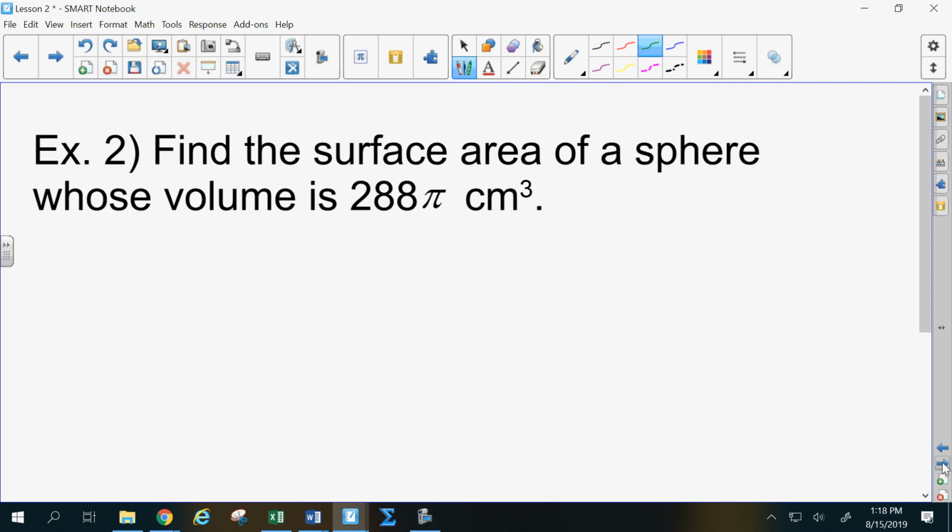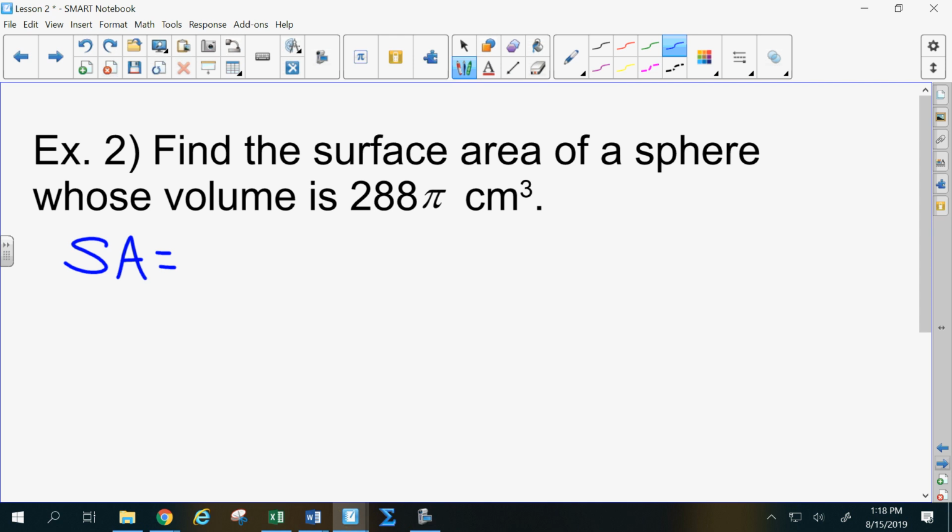Okay, this time we want to get the surface area of a sphere. Okay, that doesn't sound too bad. We've got a formula for surface area of a sphere. And who wants to tell me what the formula for surface area of a sphere is? Lydia. Surface area was what again?